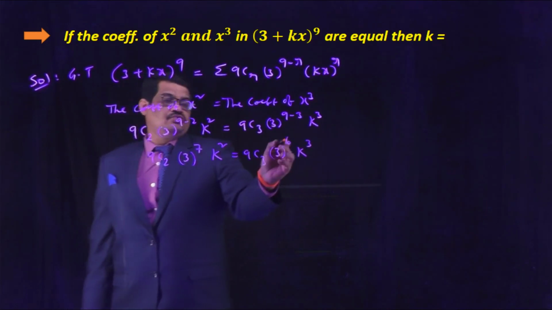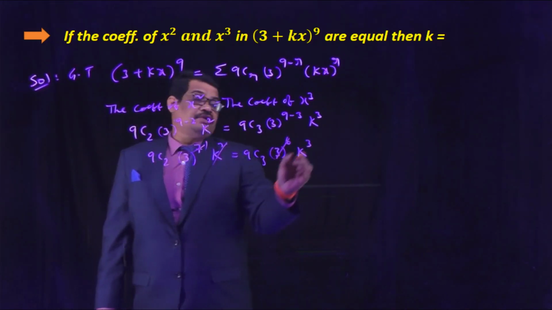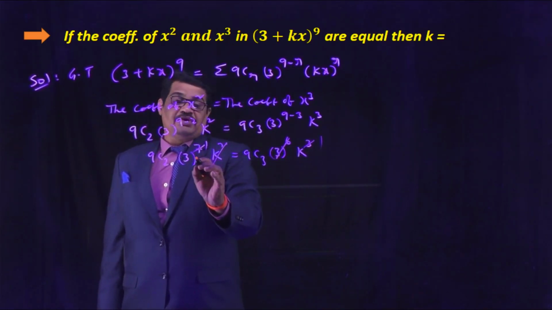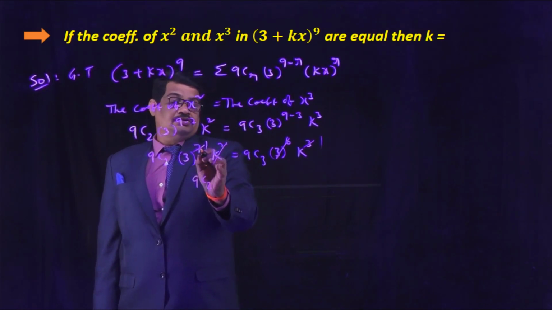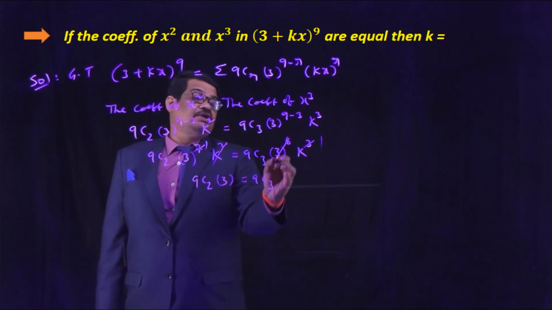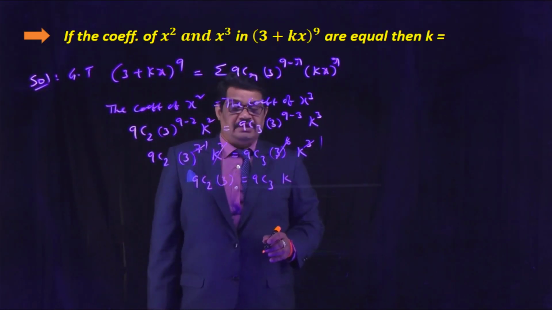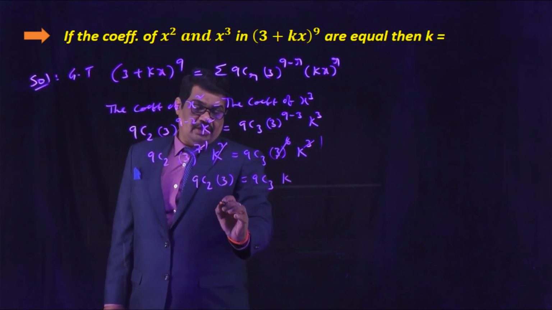Here this will be cancelled, and this k square is cancelled. So 9C2 into 3 is equal to 9C3 into k, k power 1.